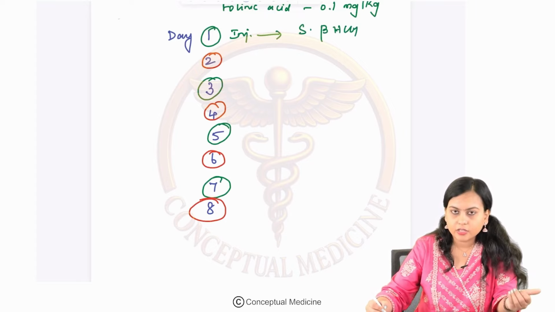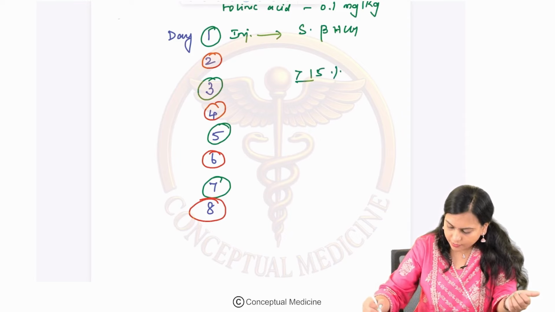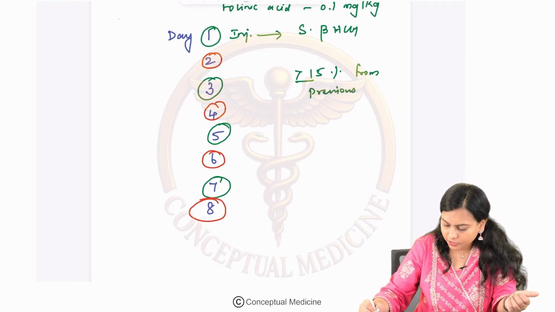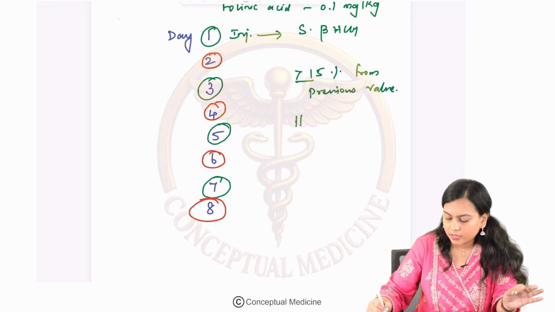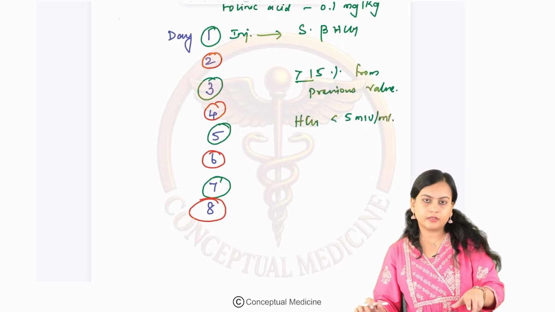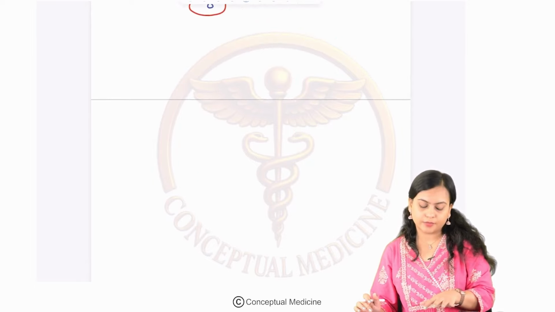And the reduction from the previous value should be more than 15%. And it should be followed up till HCG falls to less than 5 milli international units per milliliter. Clear? Okay. So, this is all about your medical management.